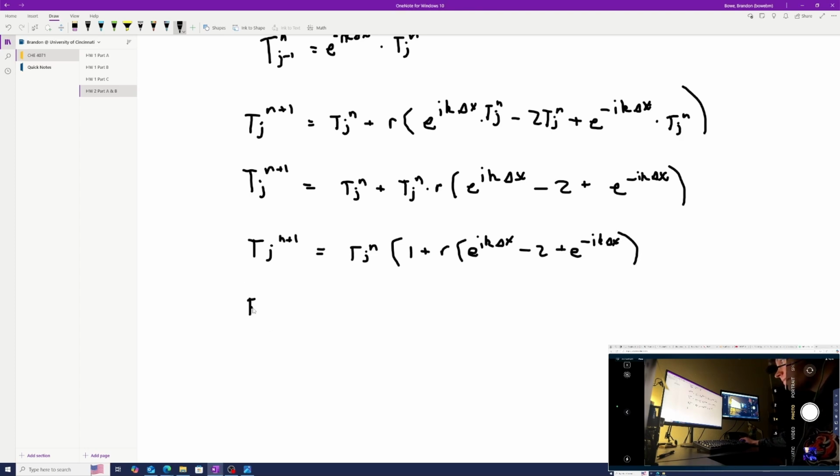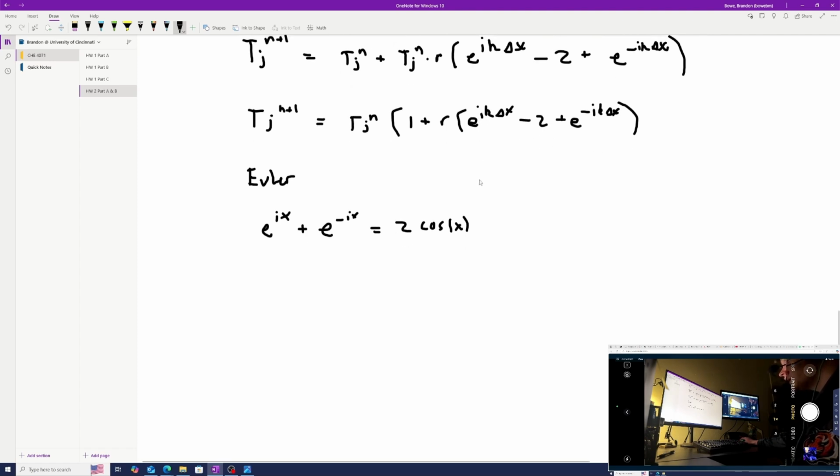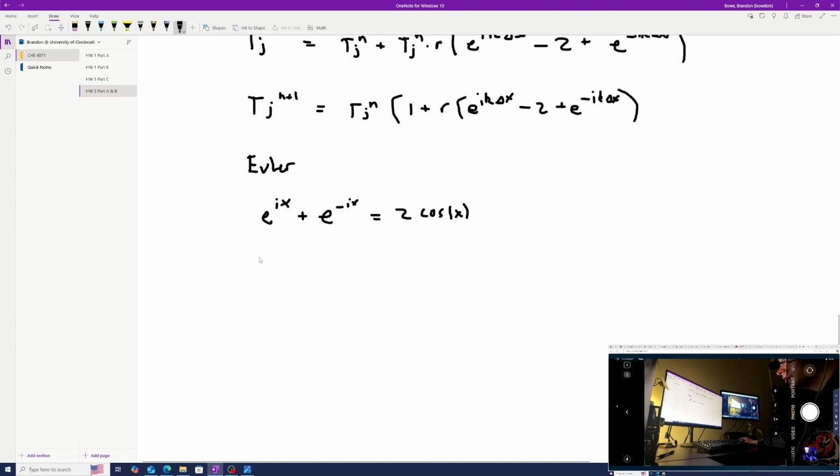Euler's formula reminds us that e to the ix plus e to the minus ix is equal to 2 cosine of x. So using what we know about that, we end up simplifying this again.